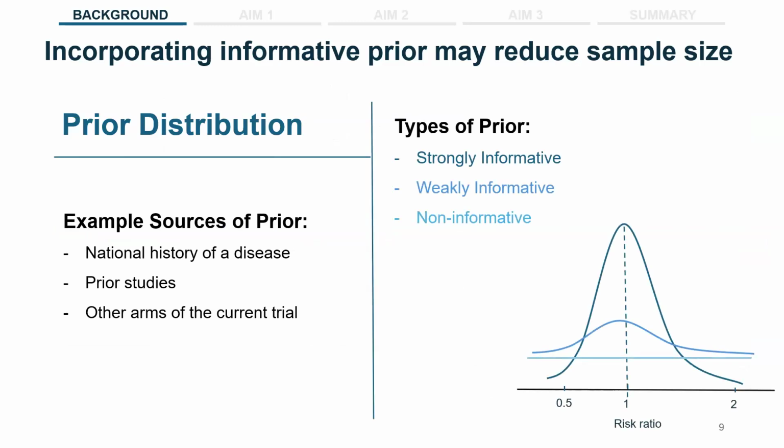The prior can be set as strongly, weakly, or even not at all informative. And intuitively, the more informative the prior is, the more it is likely to reduce the sample size.